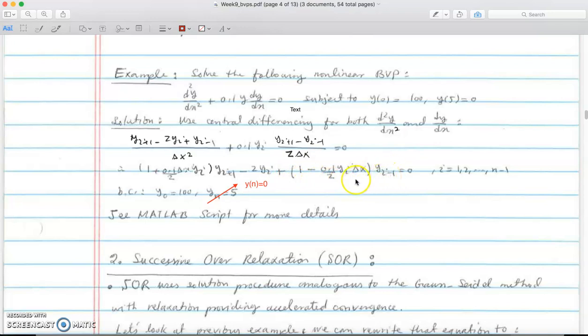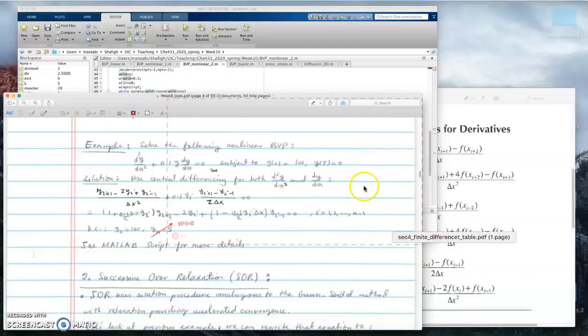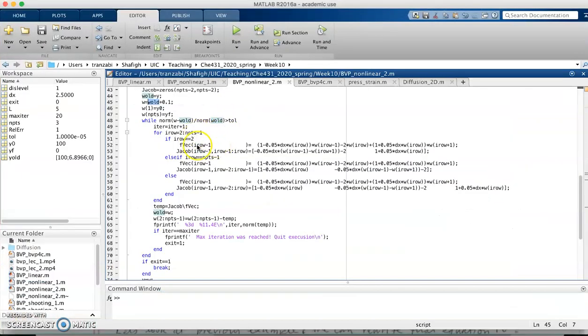So there are only 2 unknowns, y1 and y2. For the last row, again, it's different because for the last row, you know yn, you solve for n minus 1 and n minus 2. So then again, you have 2 unknowns. For all other equations, you have 3 unknowns, so that's why you have to split the assembly into 3 pieces. First row, last row, and all other rows.